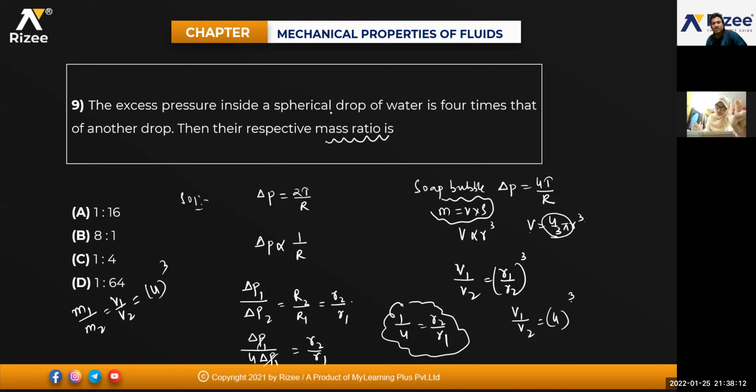The excess pressure inside the spherical droplet is 4 times that of the other. Okay, delta P1 is 4 times delta P2, it's not P2, sorry. So this will become the same relation, only thing is I need to change the values.